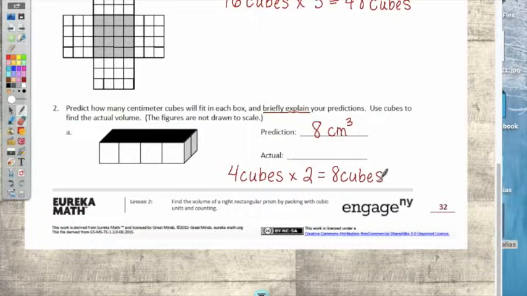Now, what I want you to do is build it to check the prediction. Kevin, was the prediction of 8 cubic centimeters correct? Yeah. Okay, so let's move on to the next page. Go ahead and fill that in, boys and girls.